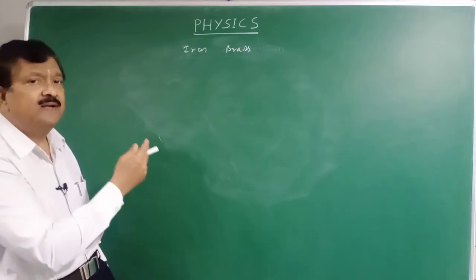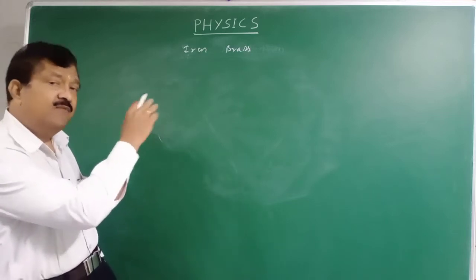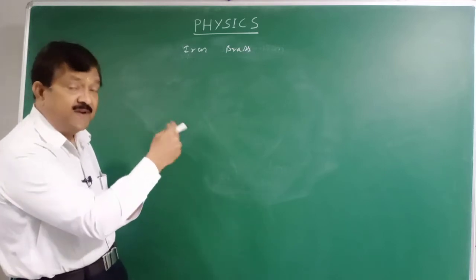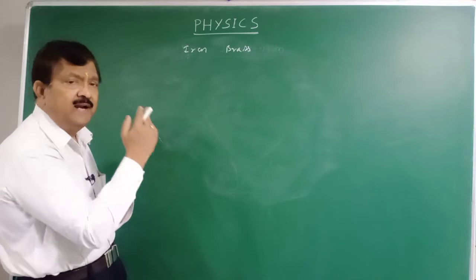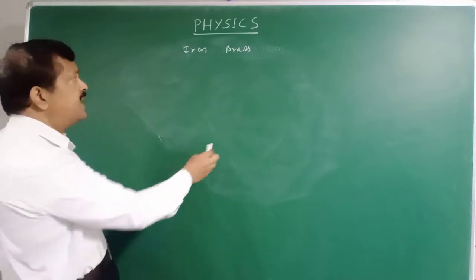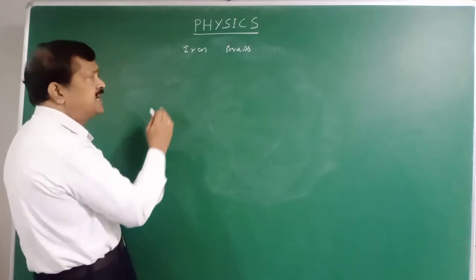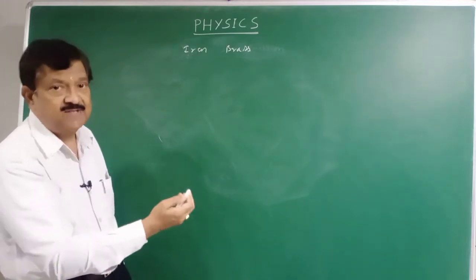Even if you take the same initial length for both rods, because of their different expansions, both of them will expand differently. As brass expands more and iron expands less, let us consider a small application where we can have numerical examples.